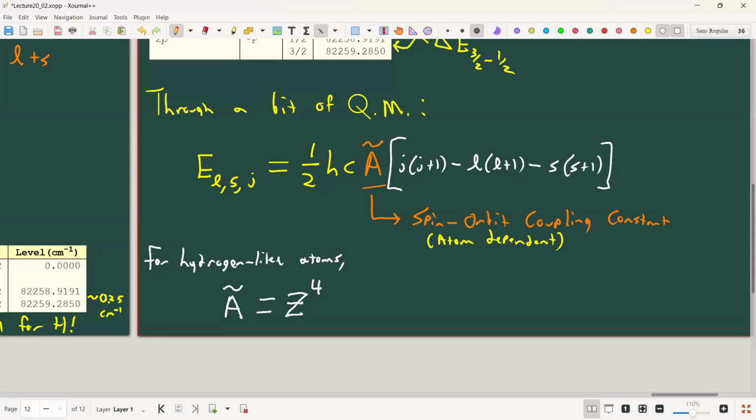Well, the bigger your charge in the nucleus is, nuclear charge, how many protons you have, the stronger the electrostatic potential is, right? You have more charges in the nucleus, you have an electron out here. That electron feels that nucleus more strongly if there's a lot of positive charges in it.